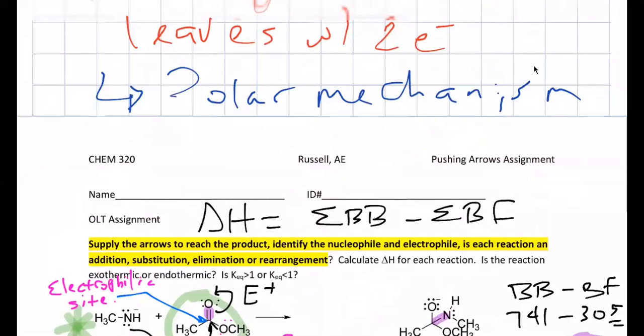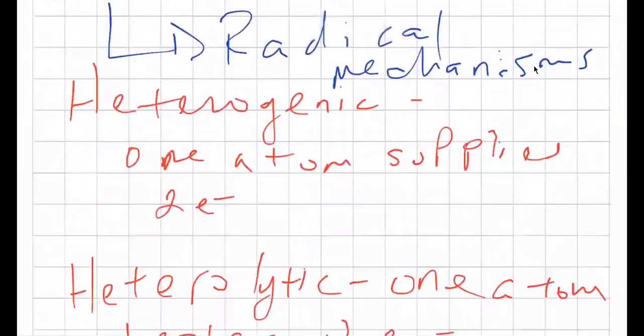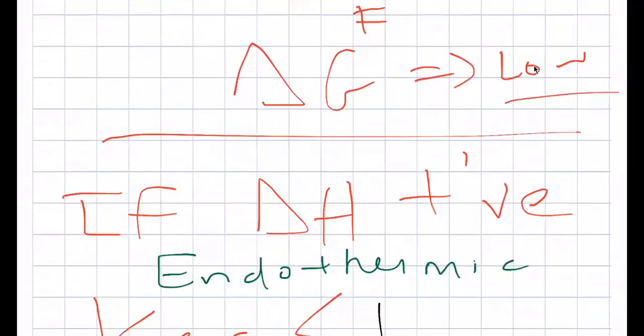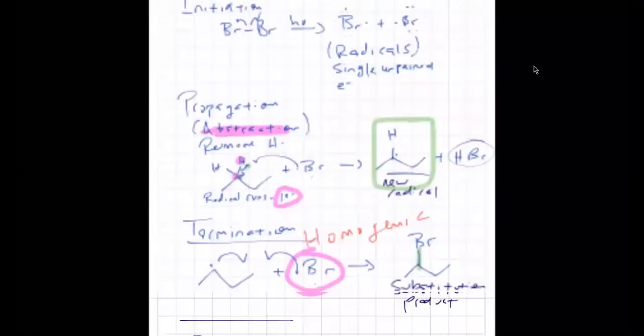I can still figure out the bond strength of each one based on the chart. I can still figure out the bonds broken, and delta H is bonds broken minus bonds formed. It doesn't matter if the bond is broken homolytically or heterolytically or formed homogenically or heterogenically. The same process applies if I wanted to calculate delta H for a reaction, even if it's radical.